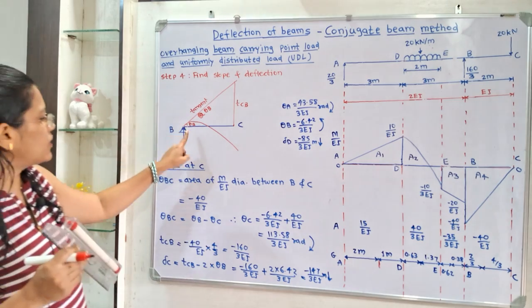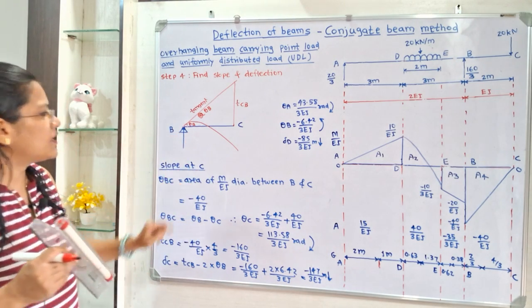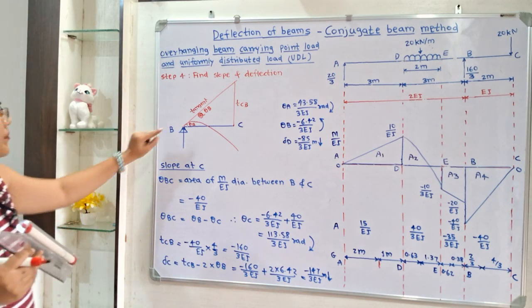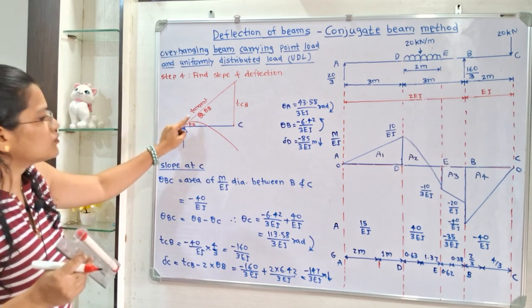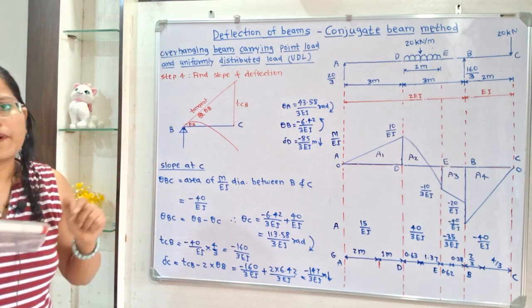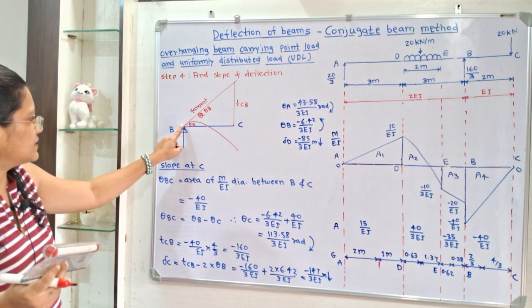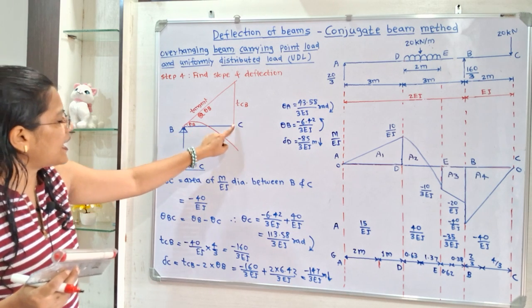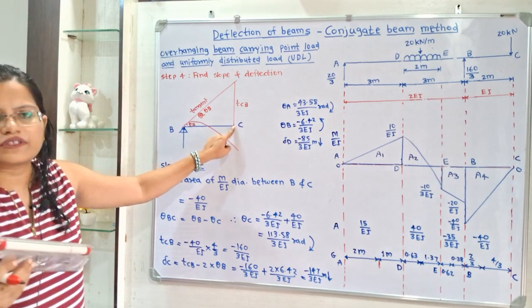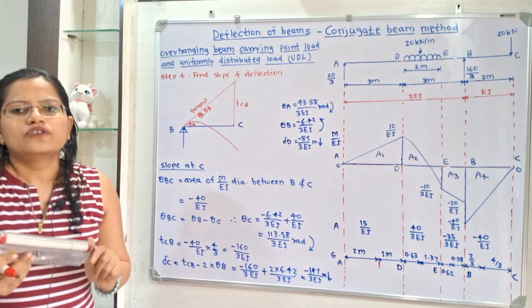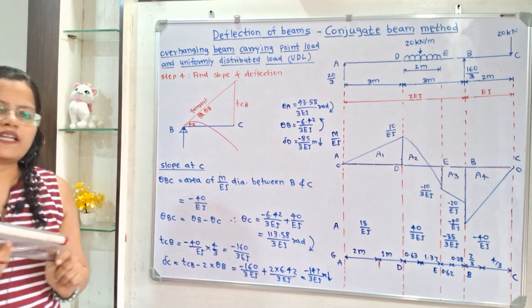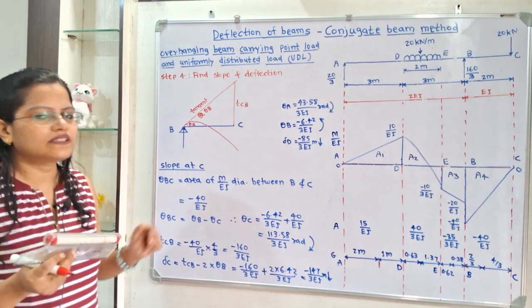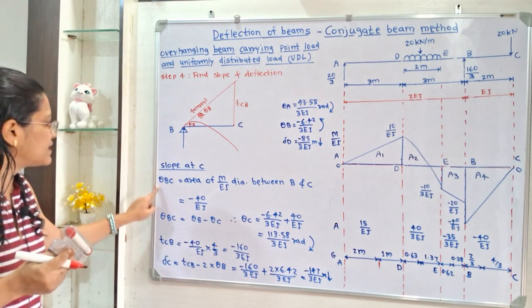Now how to calculate the slope? So to calculate the slope at point C, because this theta B is known, that is one angle is known, so we can find out here theta BC. So theta BC we will find out the slope at this point C. So we know that theta BC is equal to theta B minus theta C, and then we can calculate theta C. So how to calculate this theta BC?